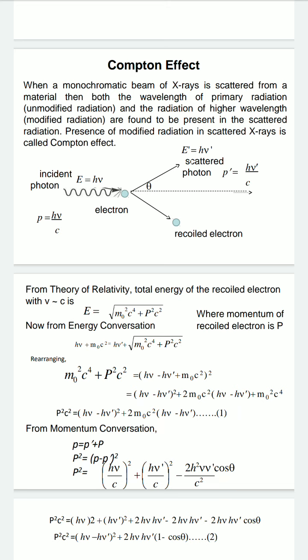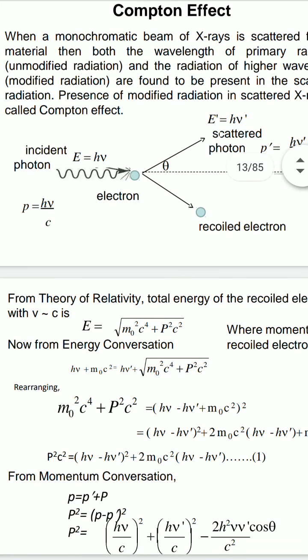Okay, now let us write this. How will you find the Compton effect or Compton wavelength? For finding that, we first should do two things. The first one is to take the energy conservation. That means the total energy of the system, that is the target and the incident photon, should be the same before and after scattering.